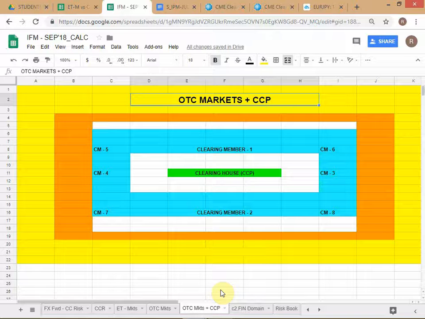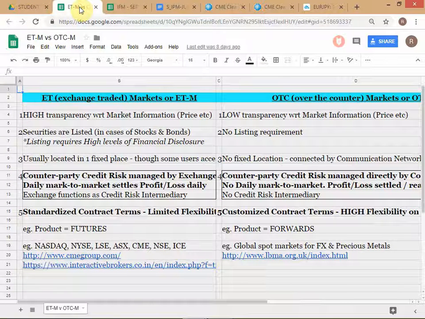In this chart, what we used to say on point number 4, that in OTC markets counterparty credit risk is managed directly by counterparties, is, strictly speaking, no longer 100% true for those transactions which are required by regulators to go through a CCP. Are you following what I'm saying here?